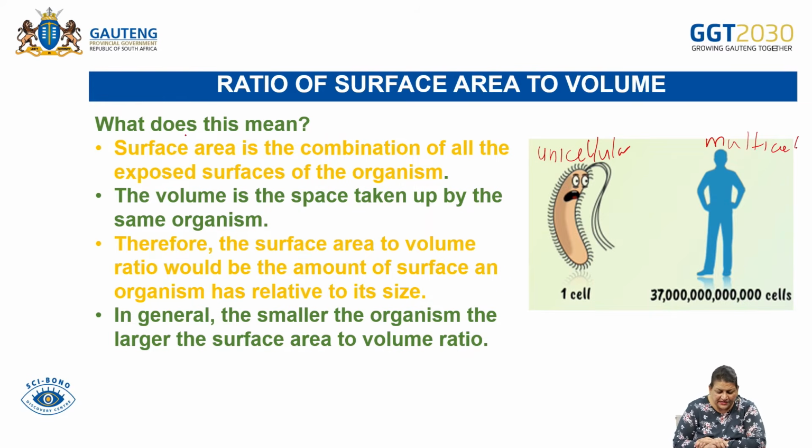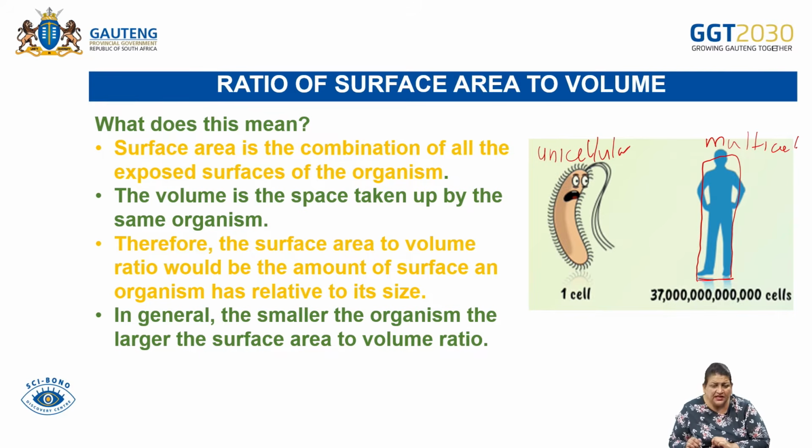So what does this mean? Surface area is the combination of all the exposed surfaces of the organism. Now let's say you take a human being. He is only occupying that surface, which means his volume, the space he's occupying, is much smaller compared to all his cells, isn't it?